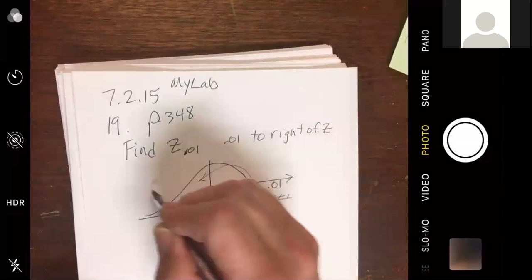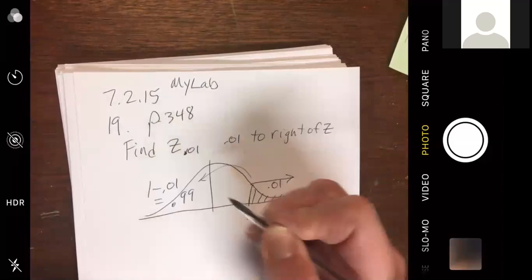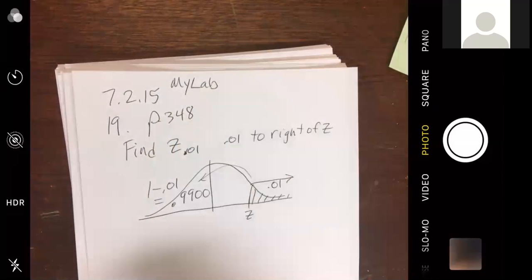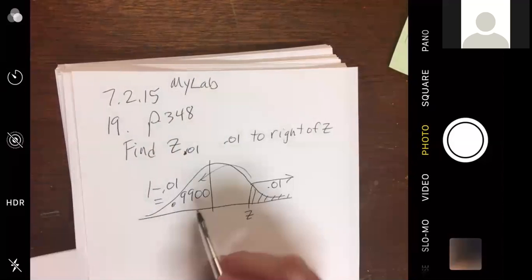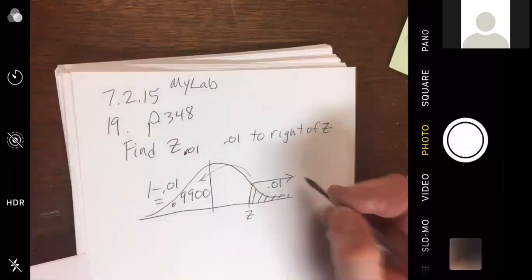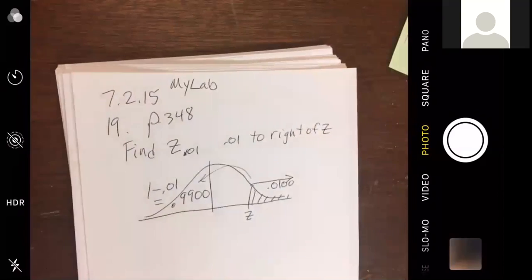So I'm going to look up 1 minus 0.01, 0.99. It's very tempting to split off your 9 and look it up and get it all screwed up. That's why I like to write 4 digits. Numbers up here in the table have 4 digits. 0.9900.